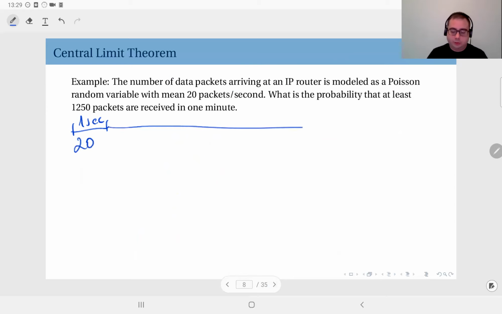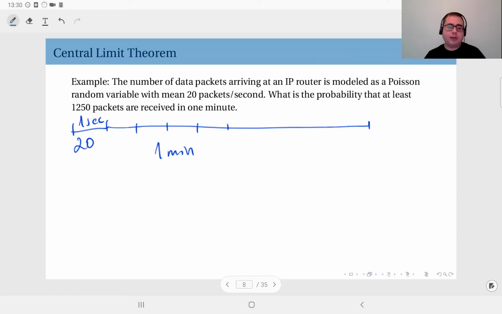When you look at a longer period of 1 minute, each second you have a Poisson distribution of packets, so for the 1 minute you can add them up. You are adding 60 independent IID Poisson random variables, and you still get a Poisson random variable.